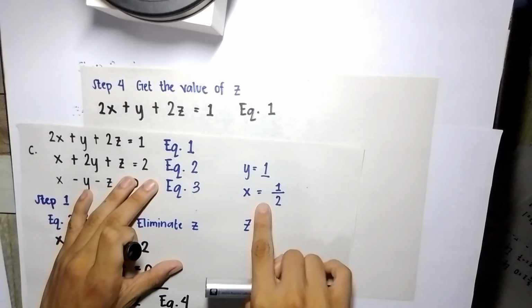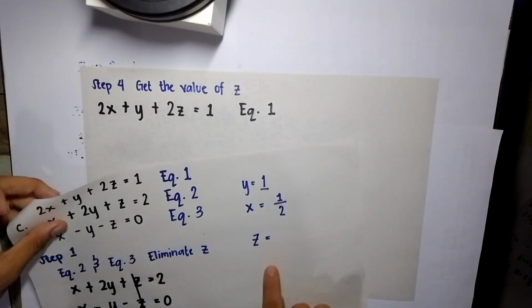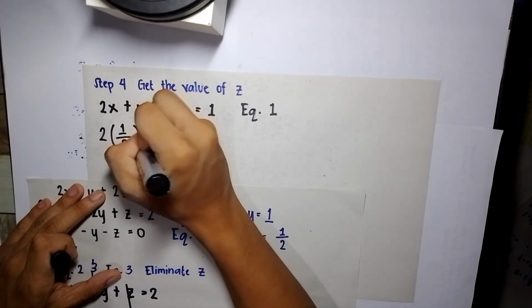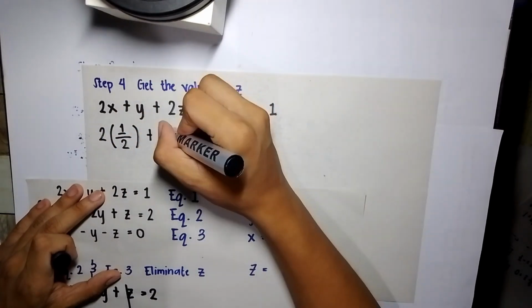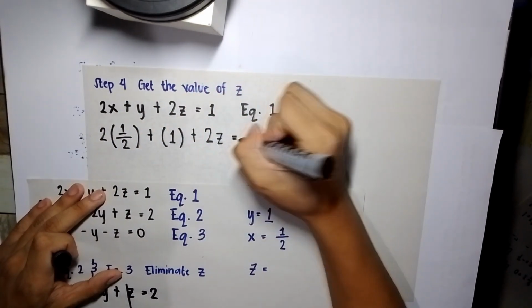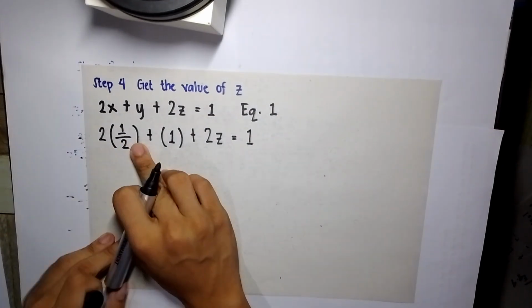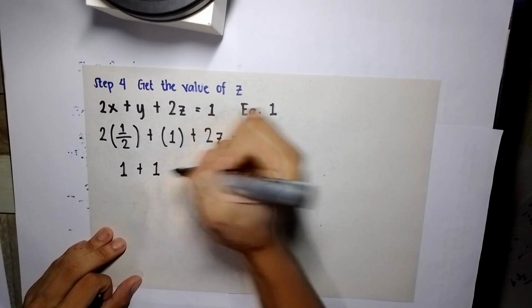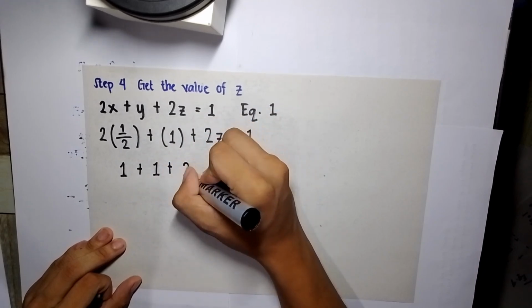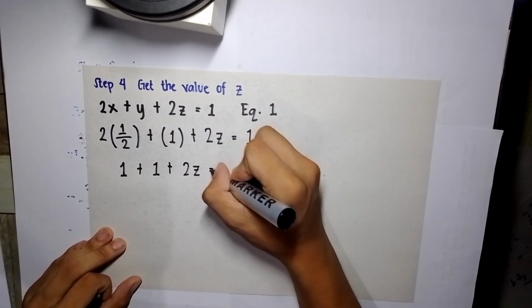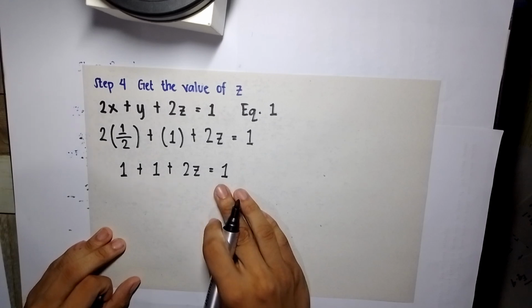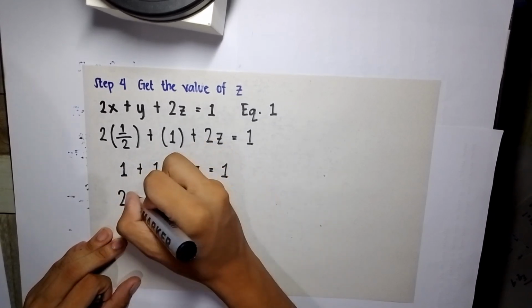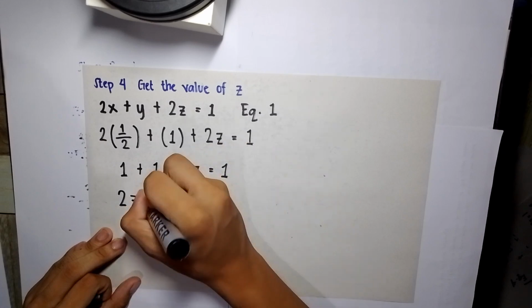Our y is equal to 1 and our x is equal to 1 over 2. Multiply 2 times 1 over 2. Now, we need to isolate 2z. Transpose 1 and 1 to the right side.